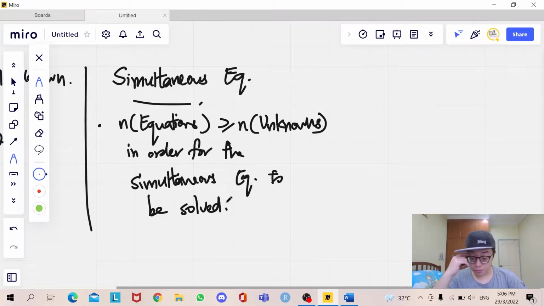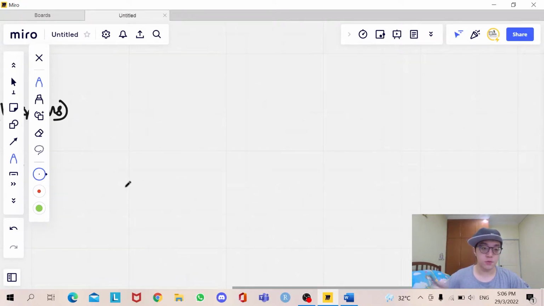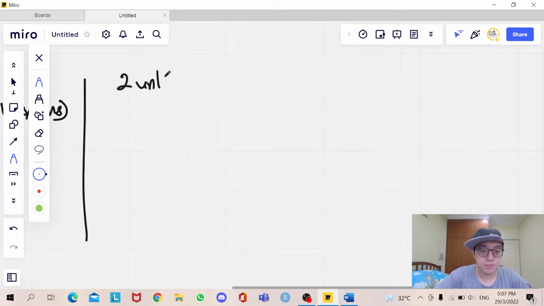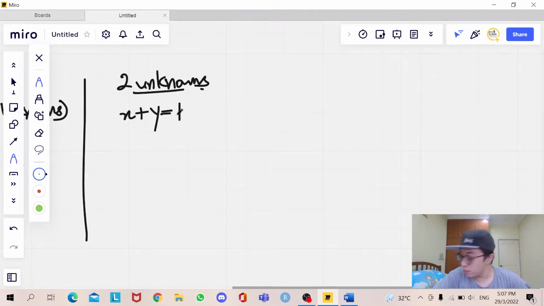So I'm going to bring you on to a little bit of example here. I'm going to start with simultaneous equation with two unknowns. The example I have here is x plus y is equals to 1 and 3x plus 2y is equals to 5.